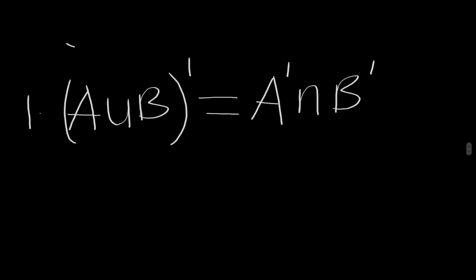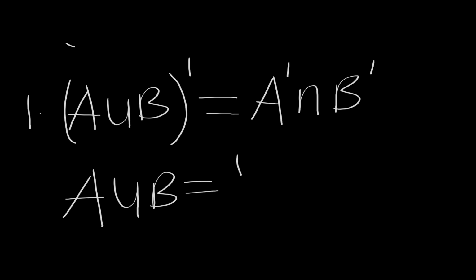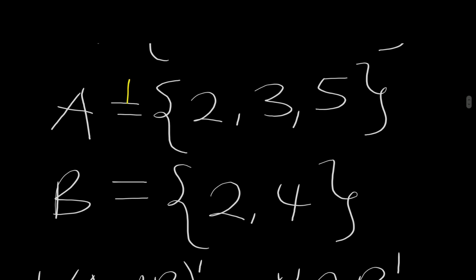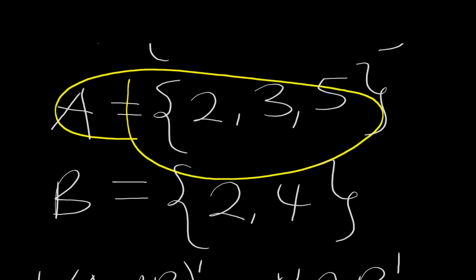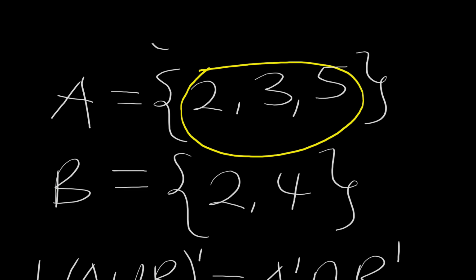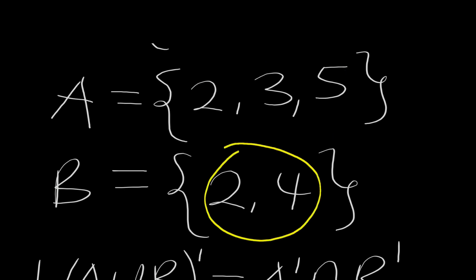So we have A union B to be equal to, we have set A here, and we also have set B here. Therefore, A union B, we are going to combine all the elements in set A and all the elements in set B in a single set.